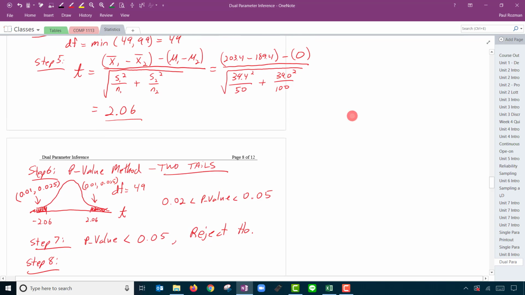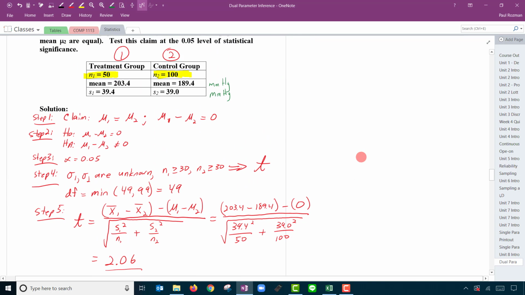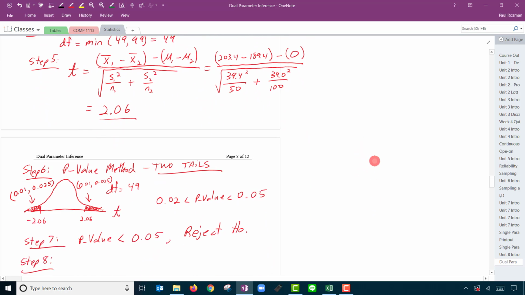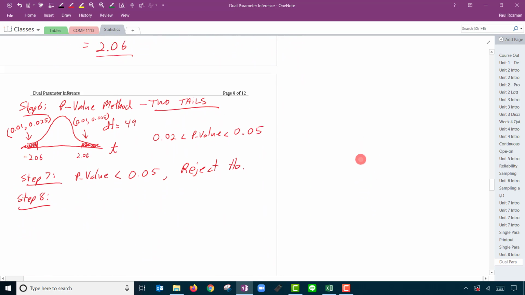I guess, let's look at what we had set up here. We rejected the null hypothesis, which was the claim. So we're rejecting the claim. And we can say this somewhat strongly because, again, our decision was to reject. So we will be able to say that we're rejecting this claim.